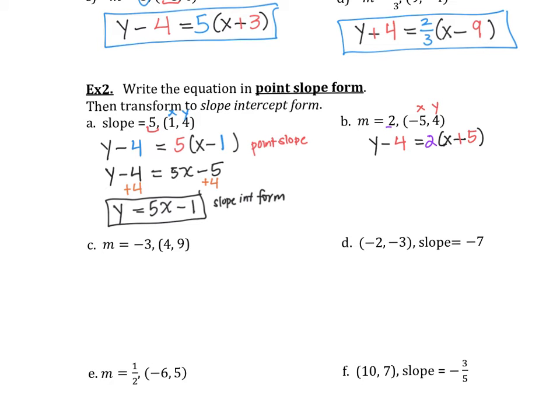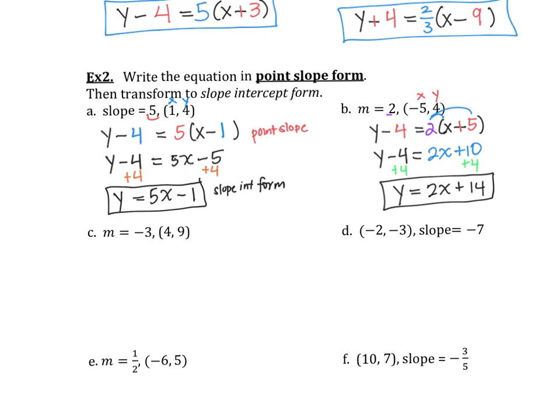And because it tells me to transform it, I am going to keep going. Let's see, positive 10 and positive 4 make positive 14. So y equals 2x plus 14 is my final answer in slope-intercept form.